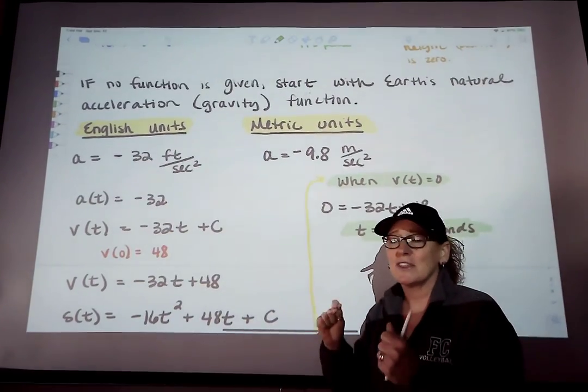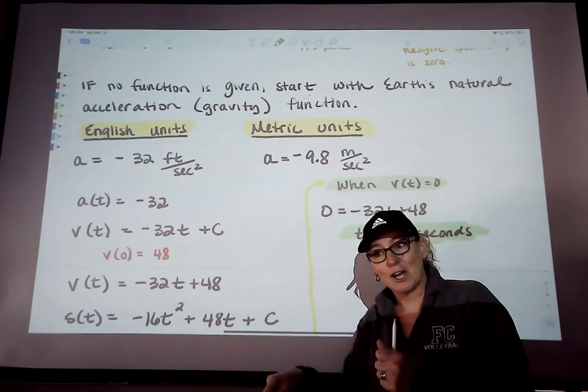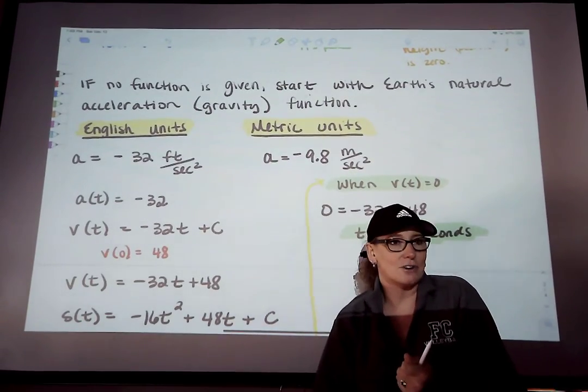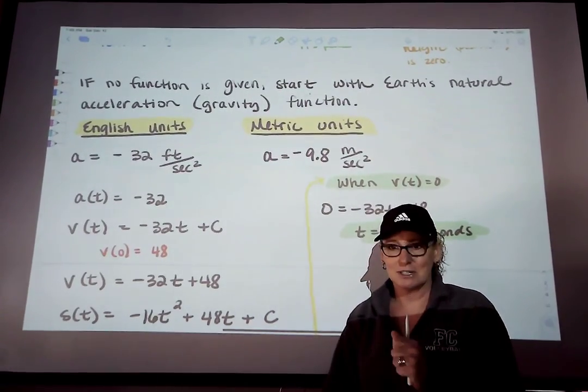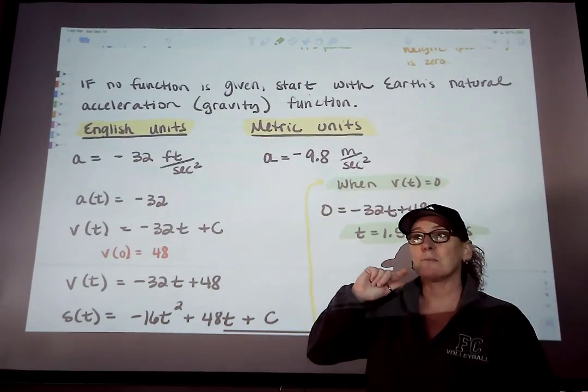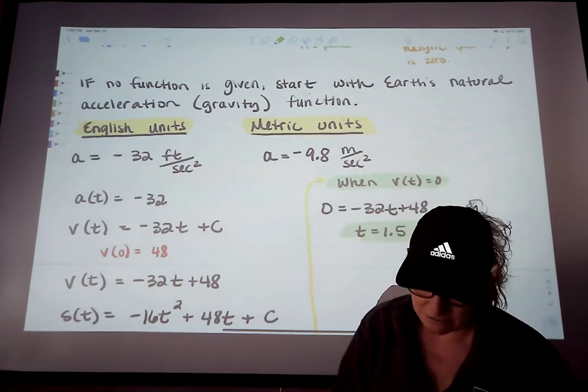If the ground wasn't there, it would just keep going and going, and it would never again have a velocity of 0. So use the fact that when it hits the ground, we want its position, its height, to be 0.